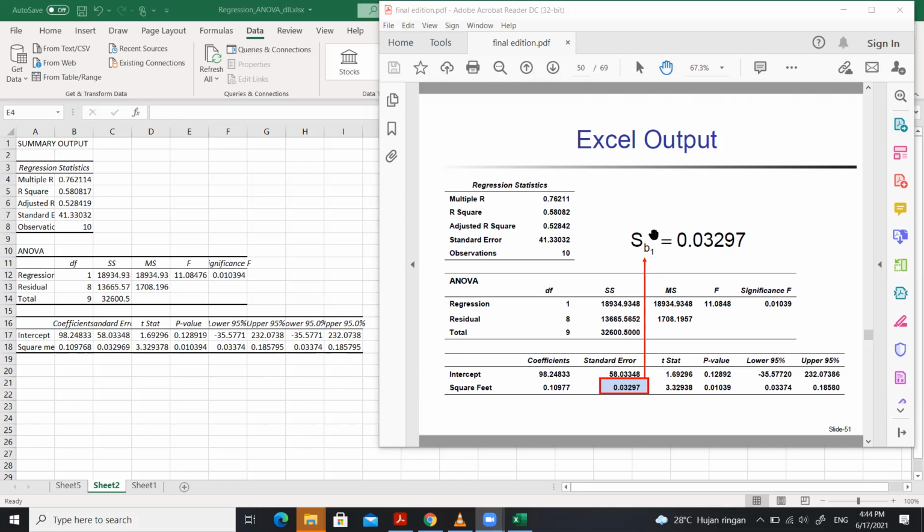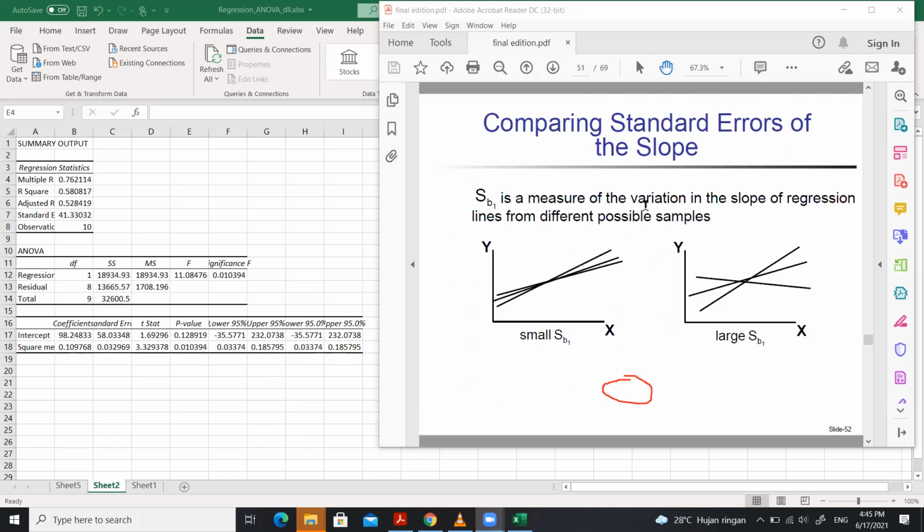First we compute the standard error. A standard error relates to the variance of beta 1. So we have an SB1. You can see here, if we have a smaller variance, it means the possible line will be something like this.